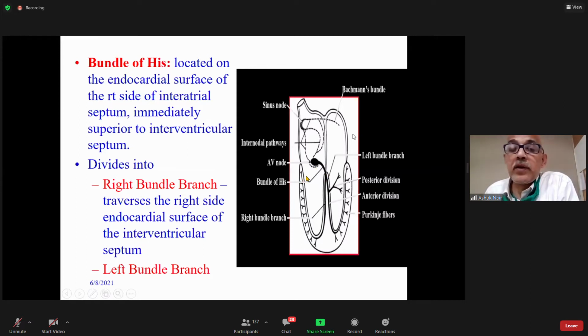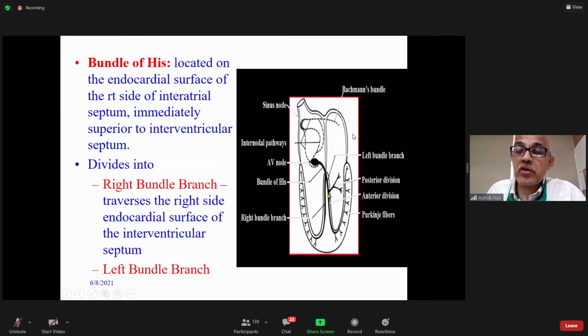It will divide into two, the right bundle branch and the left bundle branch. The right bundle branch will traverse the right side of the endocardial surface of the interventricular septum.